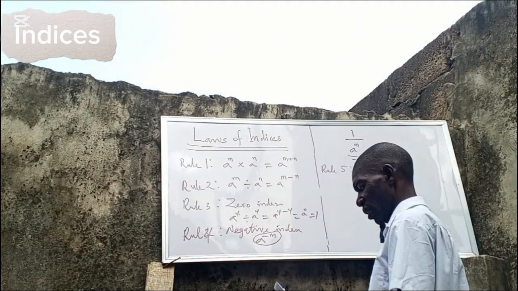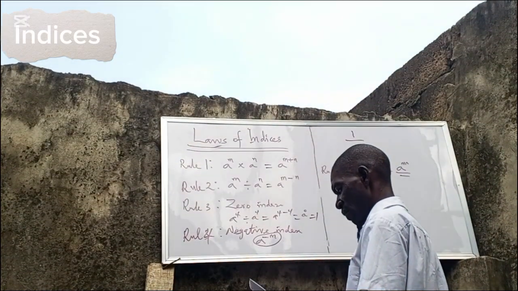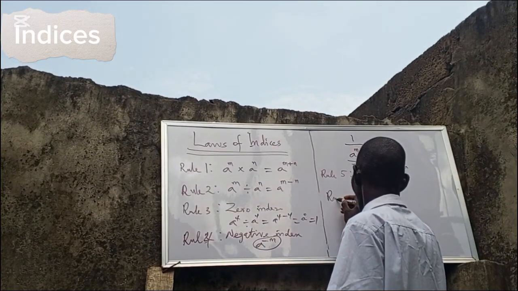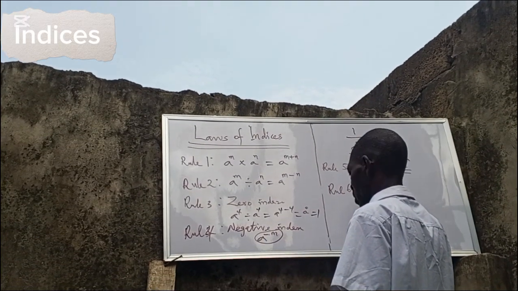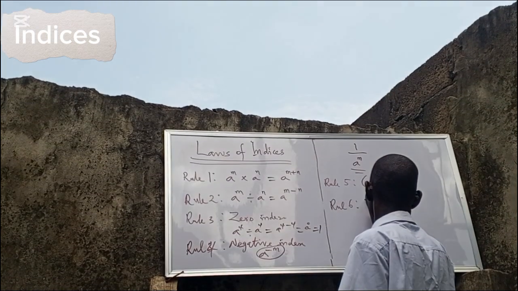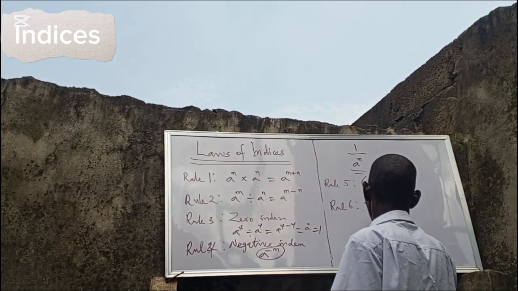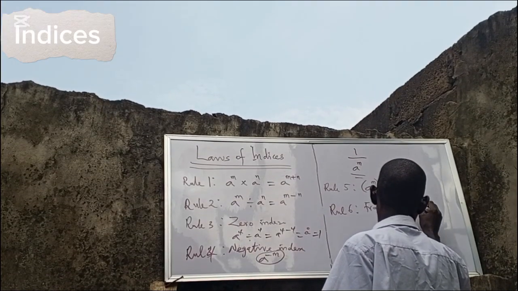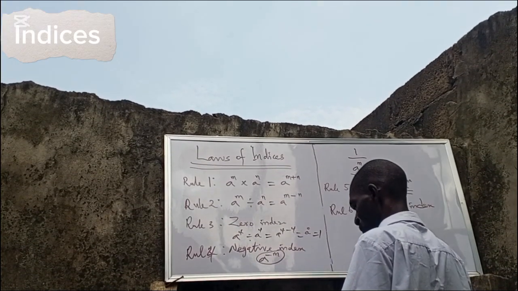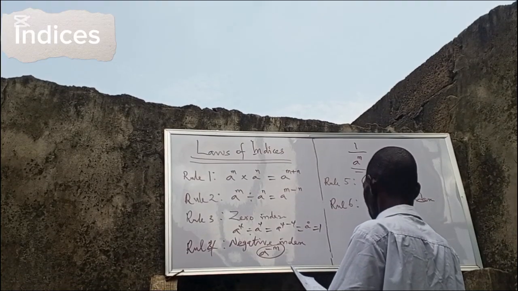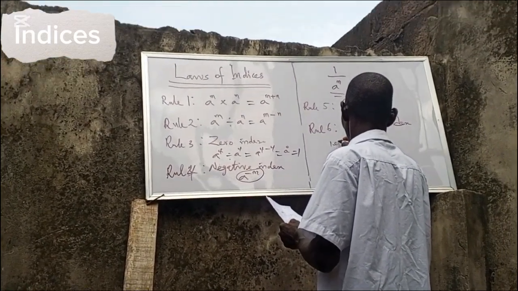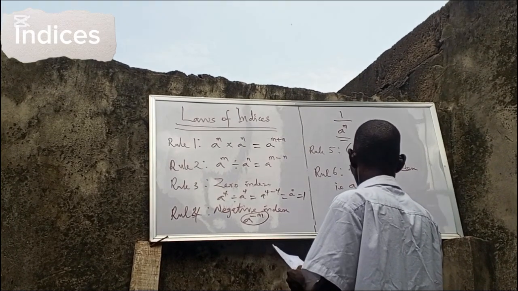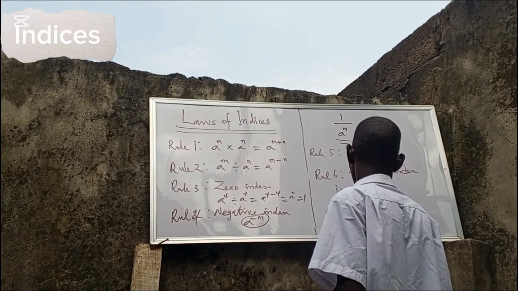Okay, then the fraction, rule 6, fractional index. That is A^(m/n).